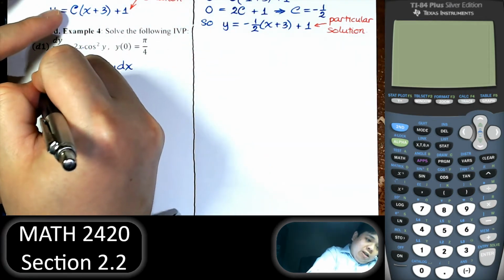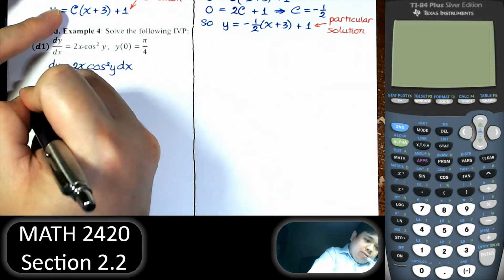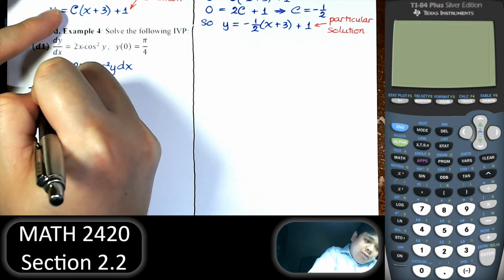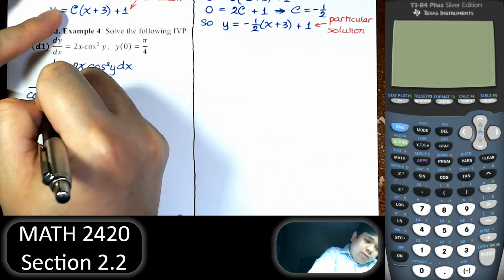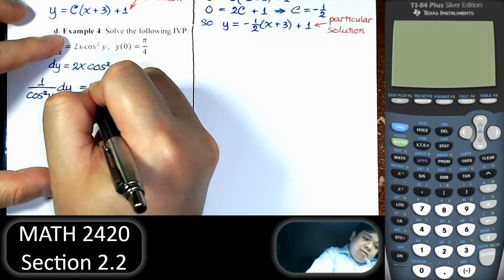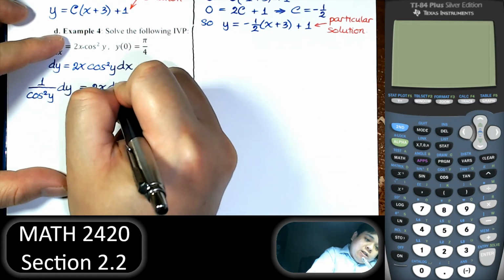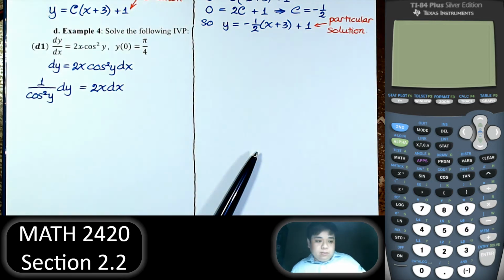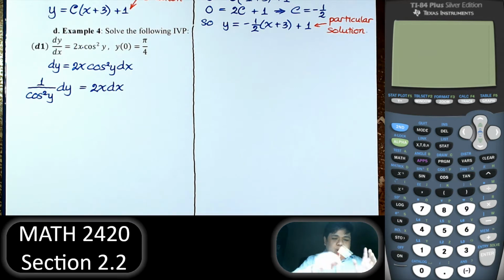So divide, and then I just have 2x dx. So simple enough, right? Now, 1 over cosine is secant.